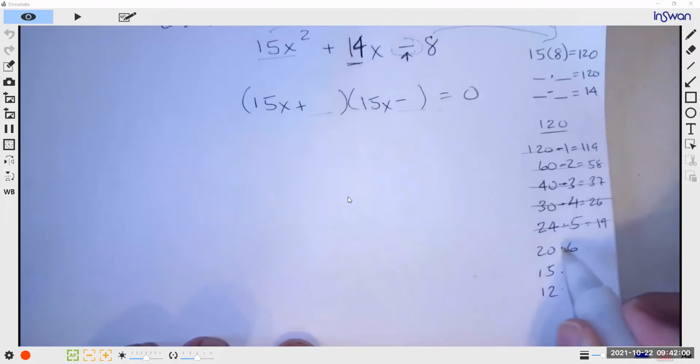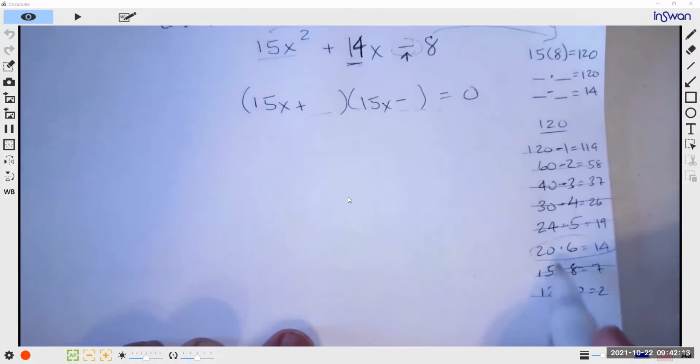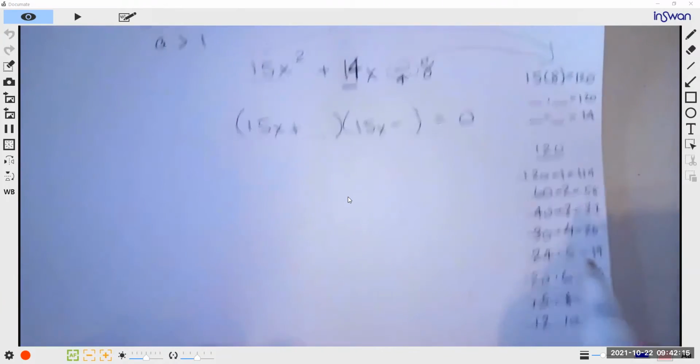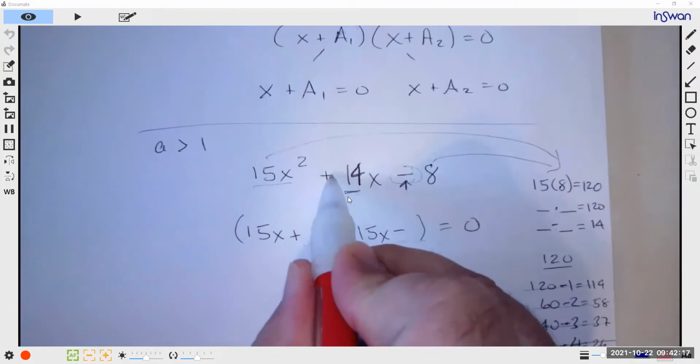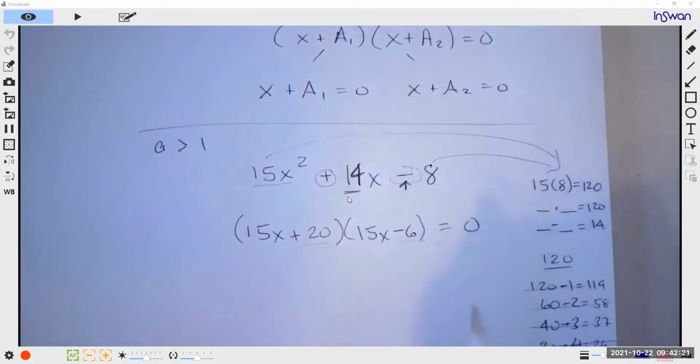Getting closer. 20 minus 6 is 14. Those are the numbers. 15 minus 8 is 7, and 12 minus 10 is 2. So we know the numbers are 20 and 6. So the bigger number gets the positive, 20 and negative 6.